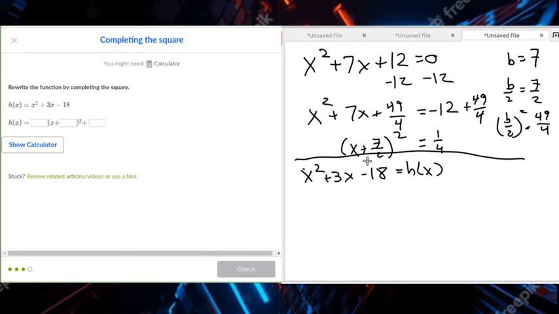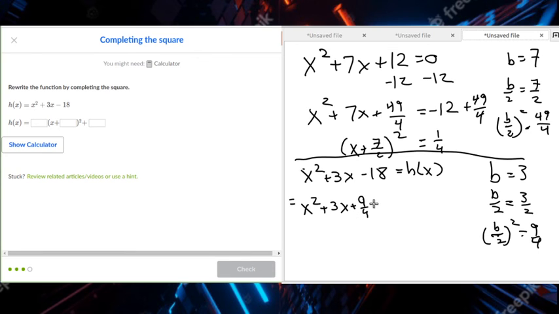So we can say our b is equal to 3, and our b over 2 is equal to 3 halves, and our b over 2 squared is equal to 9/4. So I need to have x squared plus 3x plus 9/4, but if I add 9/4, I have to subtract 9/4, so it's just adding 0, and minus this 18.